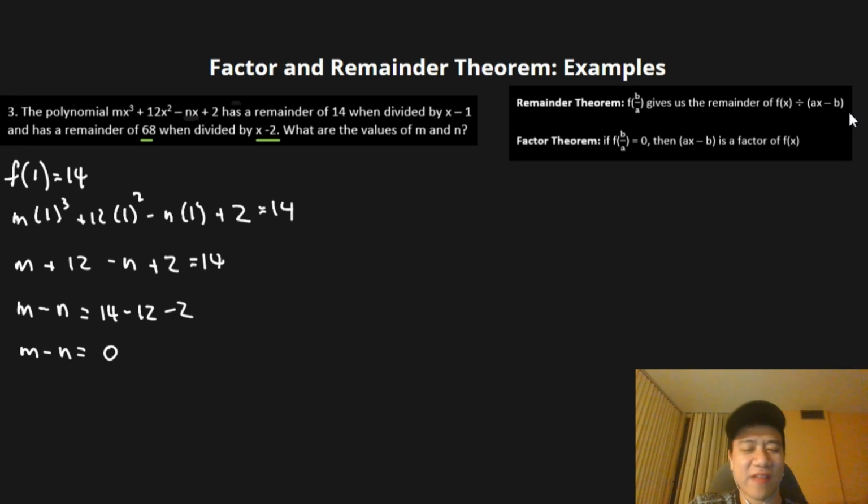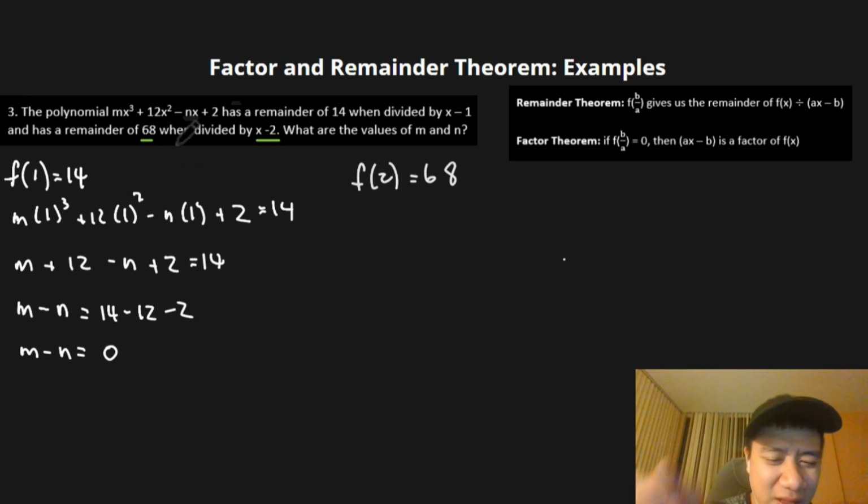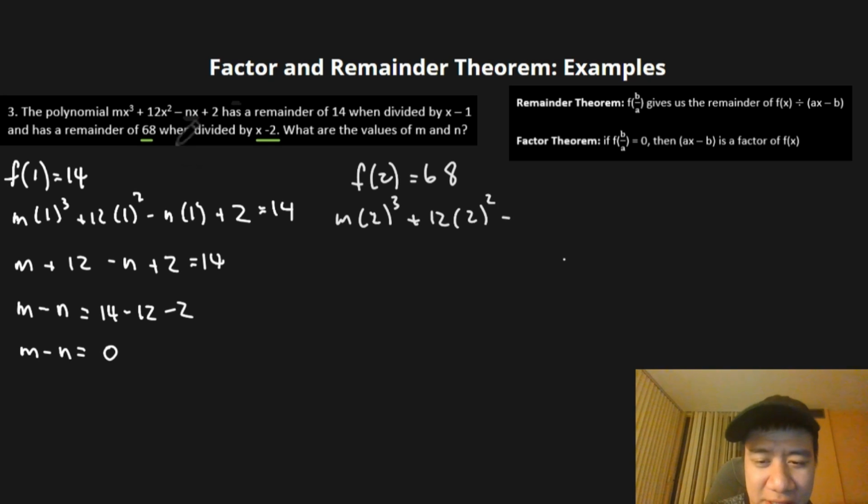In this case, it will be 68. Therefore, we know that f at 2 equals 68. Then we'll do the same thing: m times 2 cubed plus 12 minus n times 2 plus 2 equals 68.